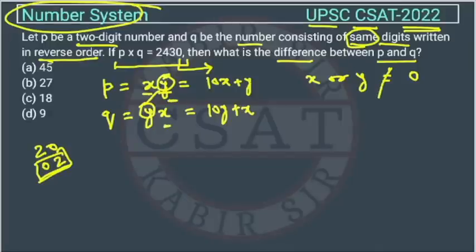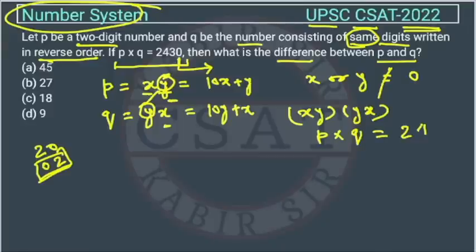Now second, at the unit place when we multiply xy and yx, that is p and q, what are we getting? We are getting unit digit 0. So this is like multiplying y into x.